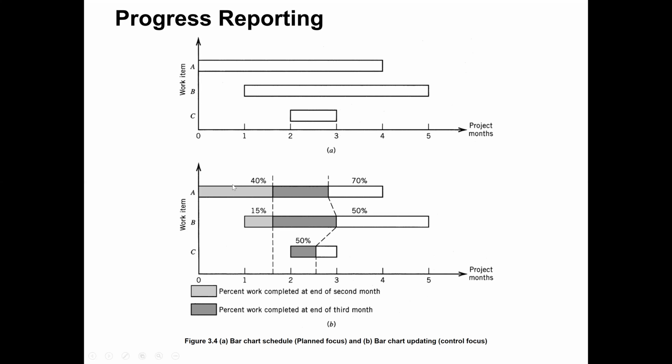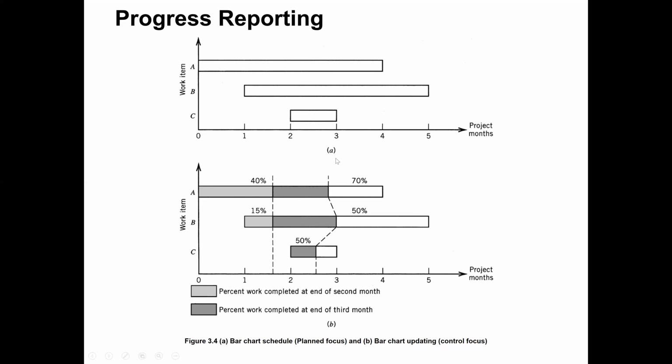When daily work is done, they color these bars, and from this they can report that this work has been 40% complete, or 70%, or 15%, or 50% complete. They can report progress this way to their headquarters, to the owner, to the consultant, on how the project is going.